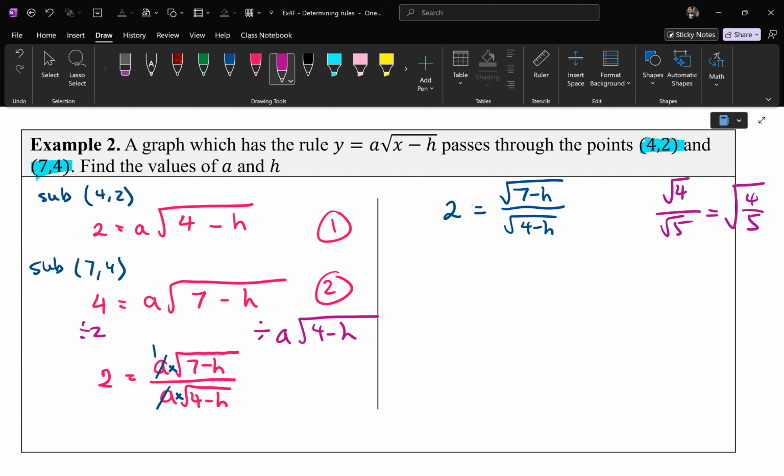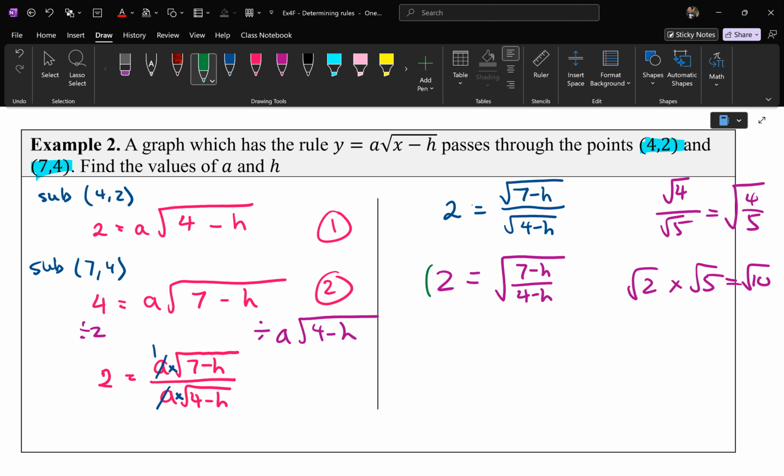That's one of your surd laws. If you multiply, say root 2 times root 5, that's the same thing as saying root 10. Then the same thing with division, you can combine that. So if I combine that, that gives you 7 minus h over 4 minus h, equals 2. Why did I combine it? Because now I can get rid of the square root. What's the opposite of square root?